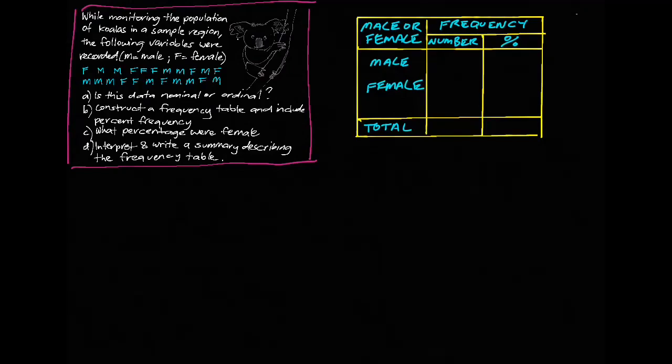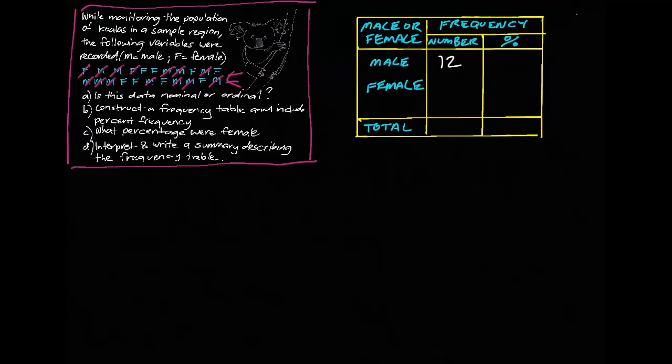So firstly, let's look at this data here and let's count up the males. So we've got 1, 2, 3, 4, 5, 6, 7, 8, 9, 10, 11, 12. So we can go ahead and put 12 in that column. Then we do the same for the females.